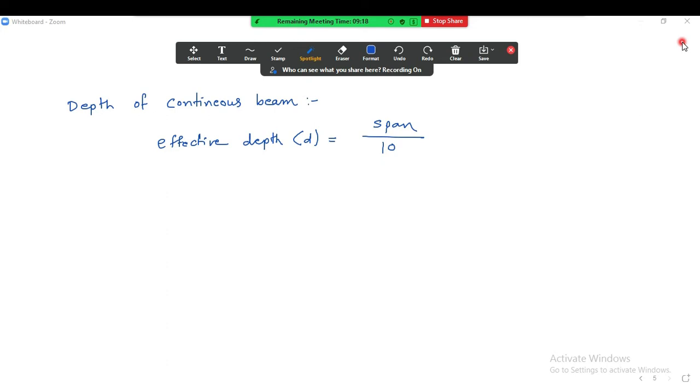Because you have more unknowns, this type of structure is statically indeterminate. Okay, now remember this, don't forget this.